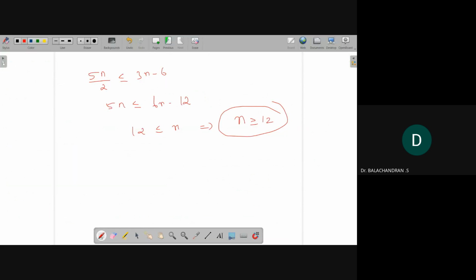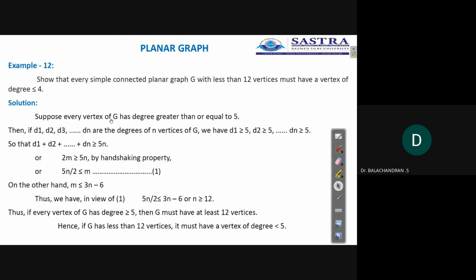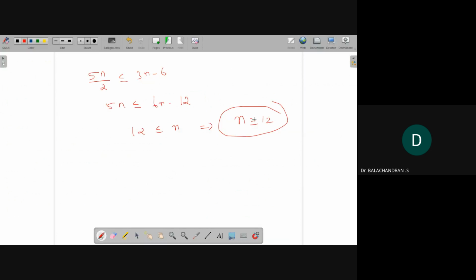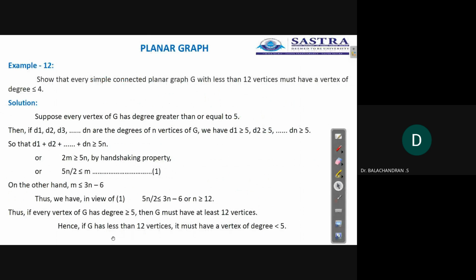The reason is I assumed every vertex of G has degree greater than or equal to 5. Because of this only, I got n greater than or equal to 12. So if G has less than 12 vertices, it must have at least one vertex whose degree is less than 5, or less than or equal to 4. That's all. So this is the end of the problem.